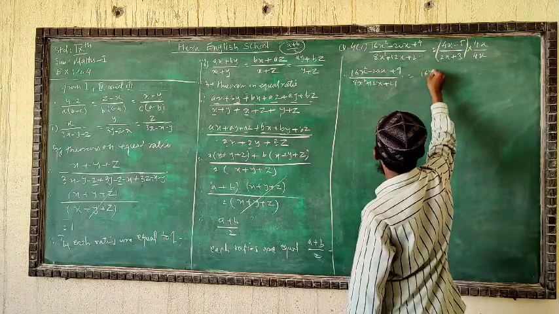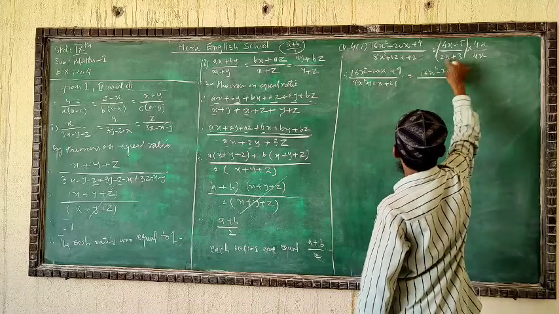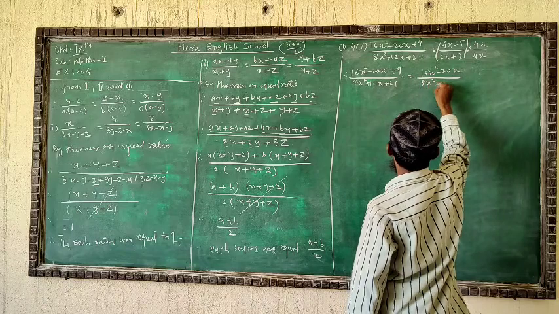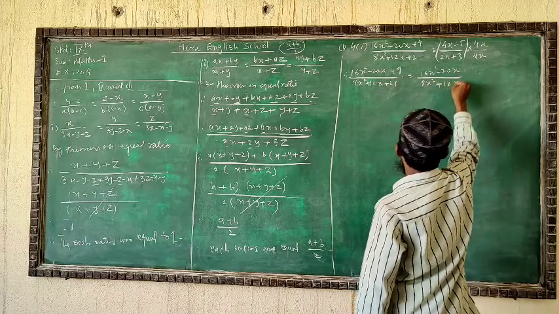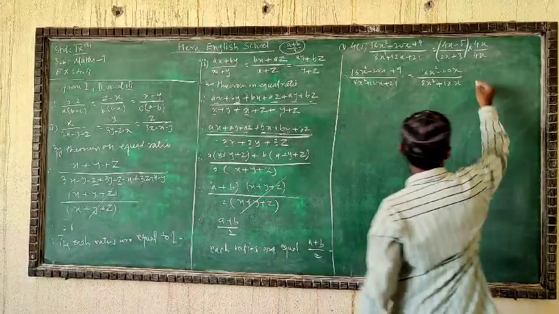Then you will get 4 4s are 16x square, 4 5s are 20x, and in the denominator 4 2s are 8x square, 4 3s are 12x, and we'll use the theorem on equal ratio with subtraction.